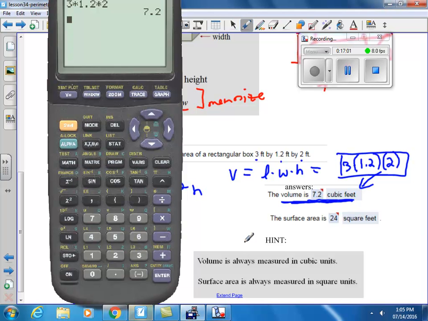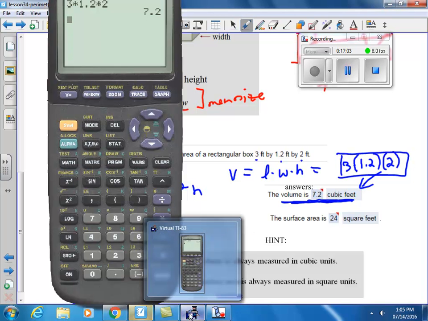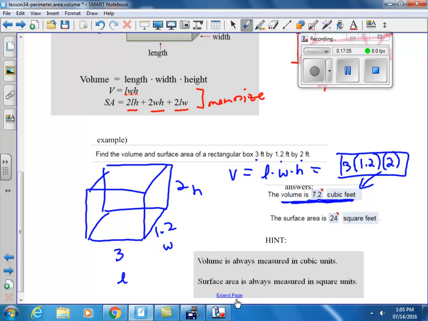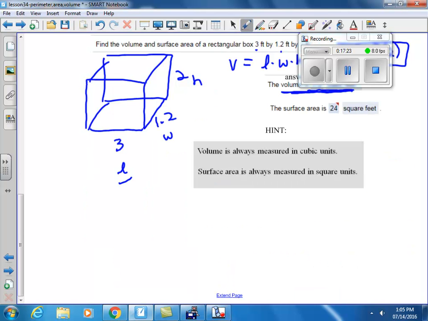Okay, now surface area, that's the one that gets people sometimes. So if you're just a formula person and you want to plug and chug, we can do it that way. That's probably a safer way for these notes. In fact, I'm going to do it that way since we have the formula right in front of us. So it says 2LH, so we have everything labeled LWH.